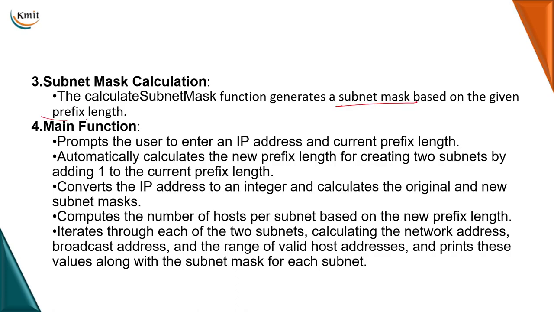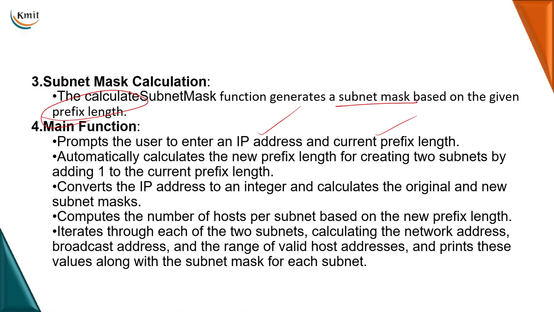I should know the prefix length. So as input, I should take the IP address from the user and the prefix length. From this, I will calculate the new prefix length, and I will iterate through each subnet and calculate the subnet ID. I will calculate the network address, that is subnet ID, the broadcast address, and the valid host addresses.